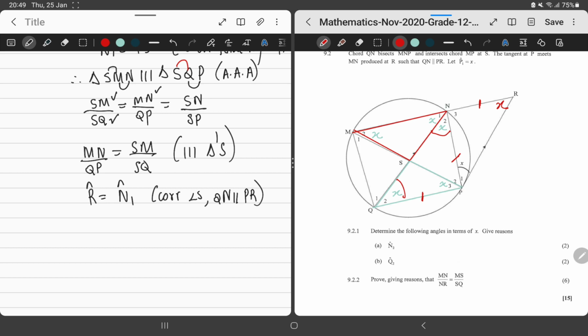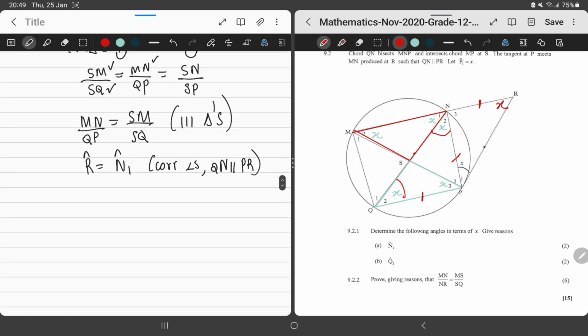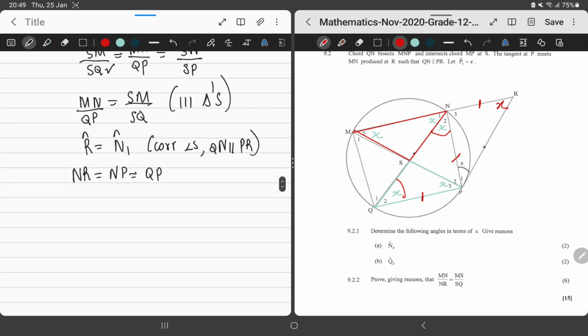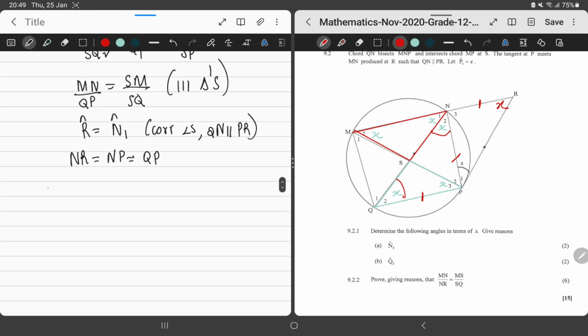So it means that NR is equal to QP. So NR is equal to NP, which is equal to QP. So this means that MN over NR is equal to SM over SQ.